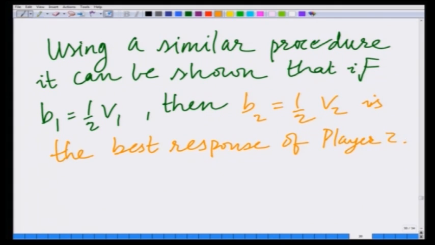So, what we have shown is that if player 2 is bidding b2 equals half v2, then b1 equals half v1 is the best response of player 1. Similarly, if player 1 is bidding b1 equals half v1, then b2 equals half v2 is the best response bid of player 2, and therefore, since these bids b1 equals half v1 and b2 equals half v2 are best responses to each other, this is the Nash equilibrium of this first prize auction game.